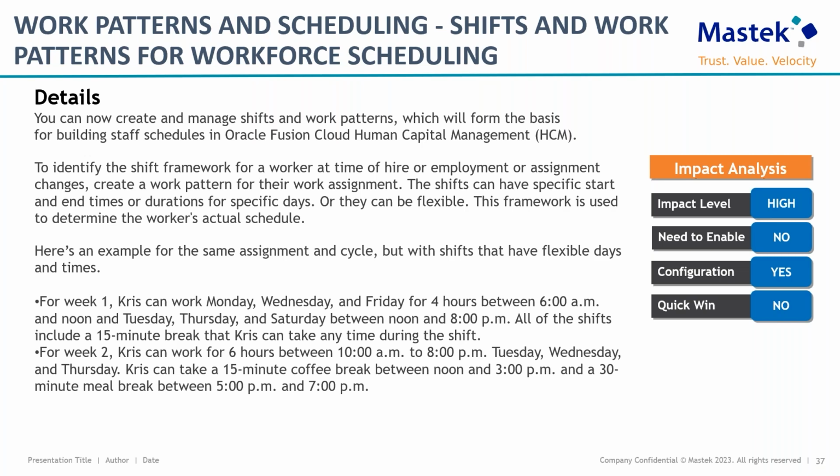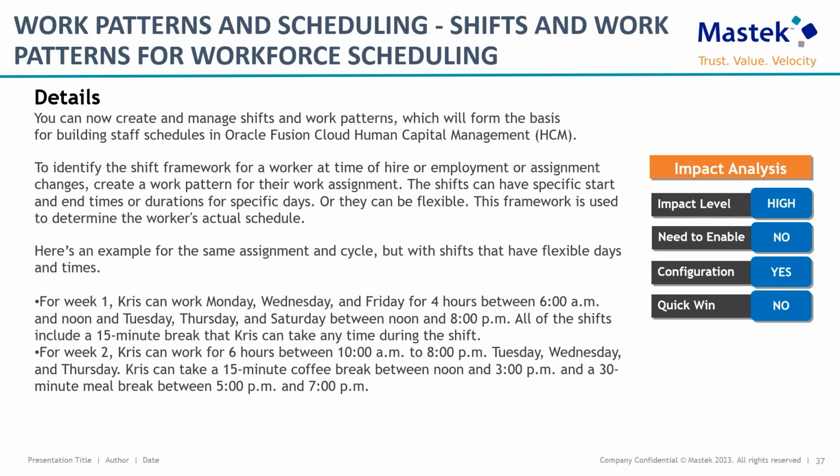Here we have an example for the same, where for week 1, Chris can work Monday, Wednesday and Friday for 4 hours between 6 a.m. and noon, and Tuesday, Thursday and Saturday between noon and 8 p.m. All the shifts include a 15-minute break that Chris can take anytime during the shift.